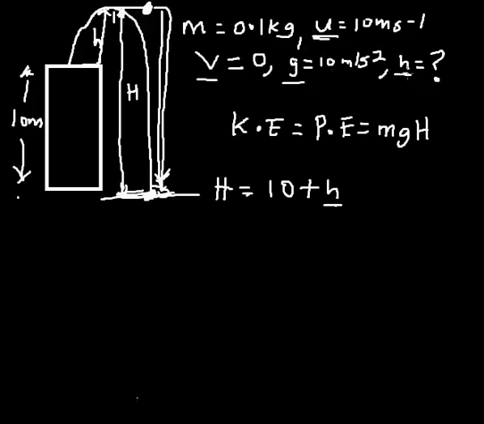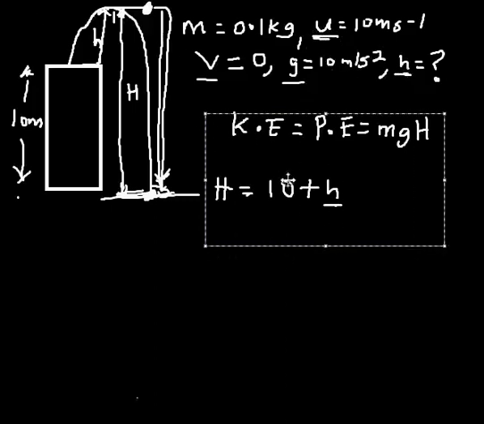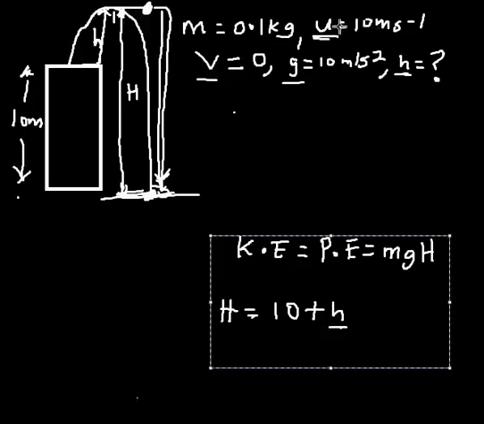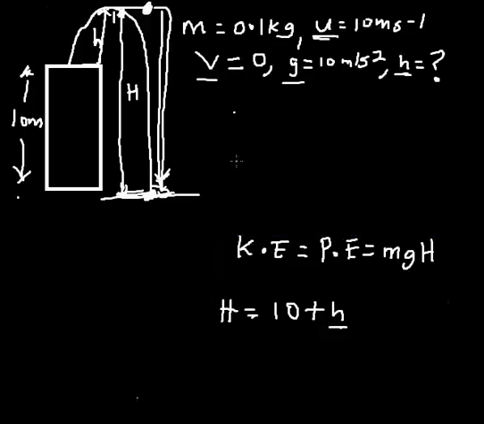I know the equation of motion under gravity that carries these four parameters is the third equation, which is v squared equals u squared minus 2gh. It's going upward, so against gravity, so I'm using minus here. Just in case you've forgotten this, go back to our video on motion under gravity.